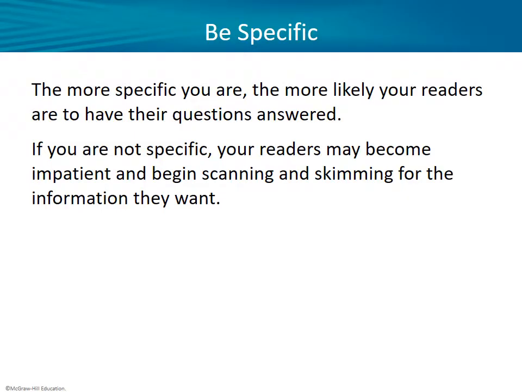Your readers expect you to be precise and avoid vagueness in nearly all business situations. The more specific you are, the more likely your readers are to have their questions answered. If you are not specific, your readers may become impatient and begin scanning and skimming for the information they want. If they can't find that information, they are unlikely to respond to your message as you intend.